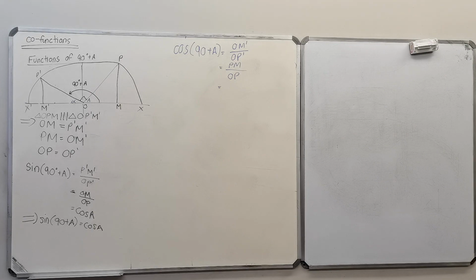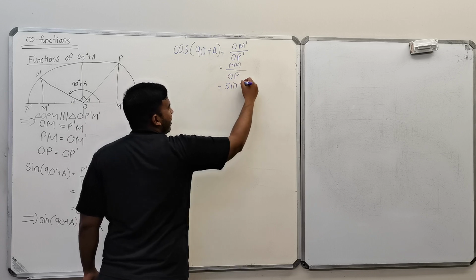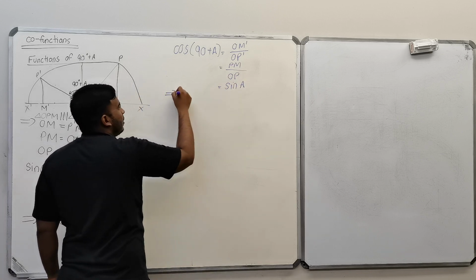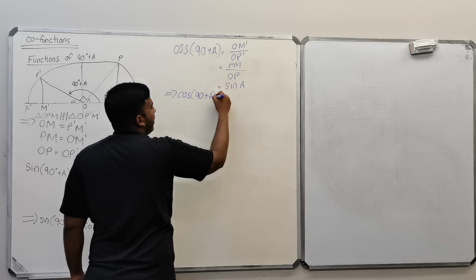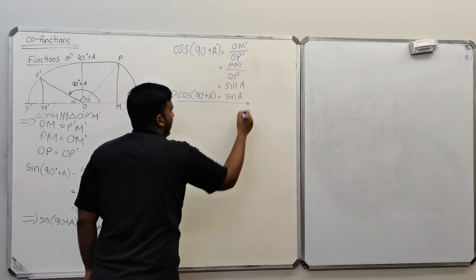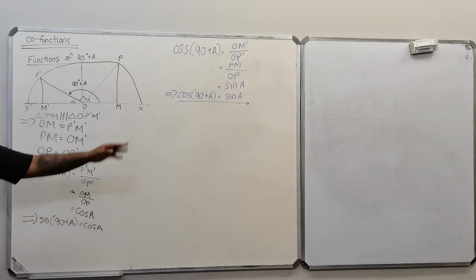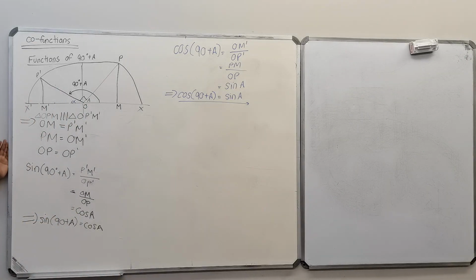Opposite over hypotenuse is sine. So you could have said that this is equal to sine A. Therefore, cos of 90 plus A is equal to sine A. If they ask you to prove cos 90 plus A is equal to sine A, you show this and do that. That'll be like 5 marks.